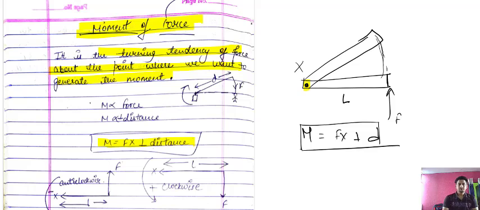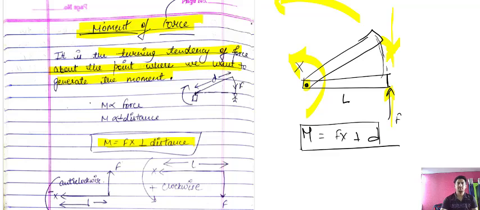Now this moment can be clockwise or anti-clockwise depending upon the situation. If we apply the force here, it produces a moment like this, in the anti-clockwise direction. If we apply the force in this direction, it will produce a moment in the clockwise direction.